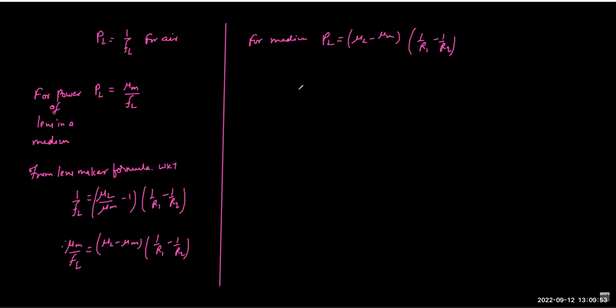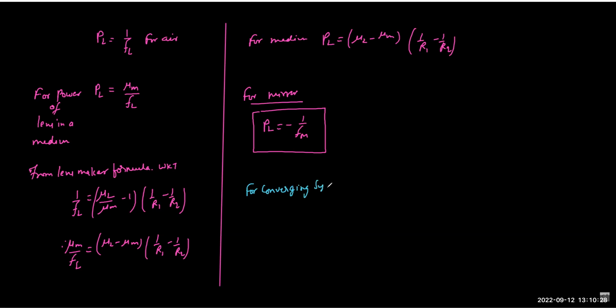And just as a recap, for a mirror, the power we write as 1 by F. What else we need to remember: for a converging system, it doesn't matter whether it is a mirror or lens, the power must be positive.